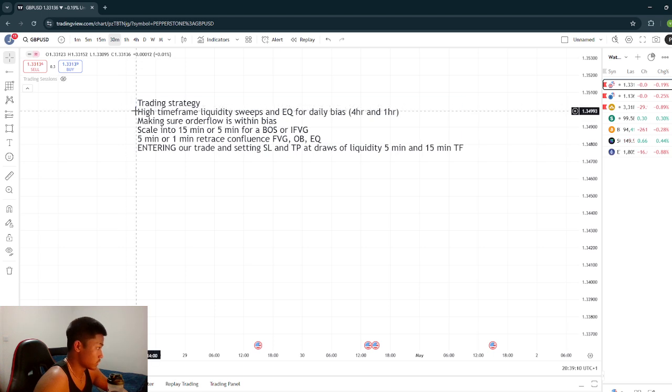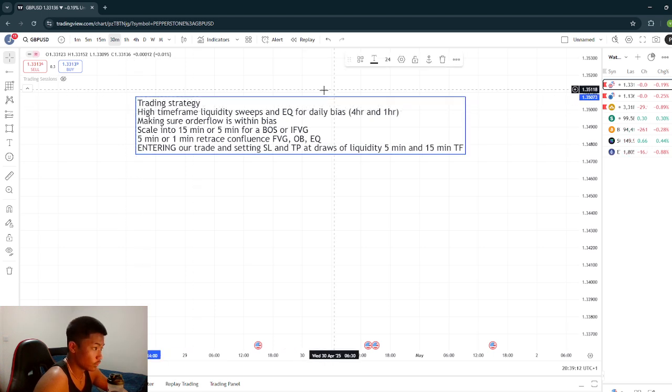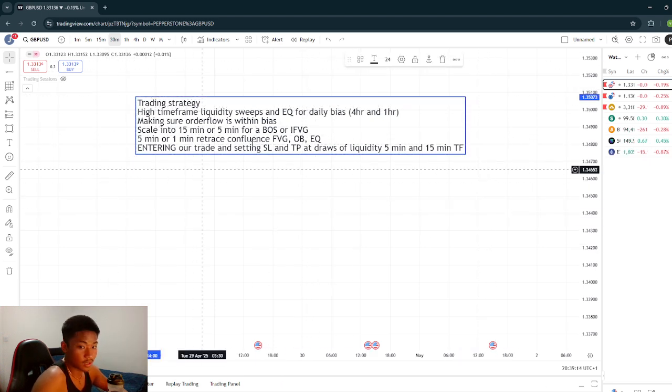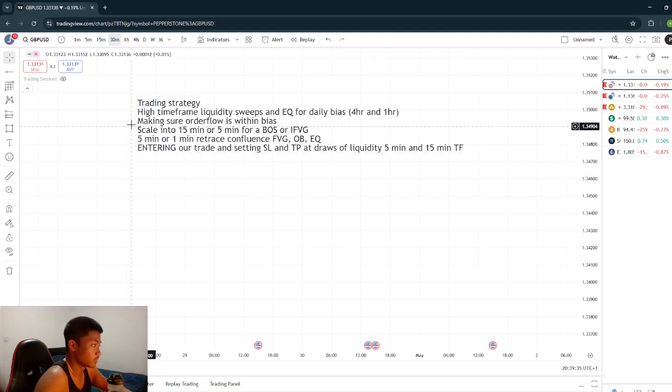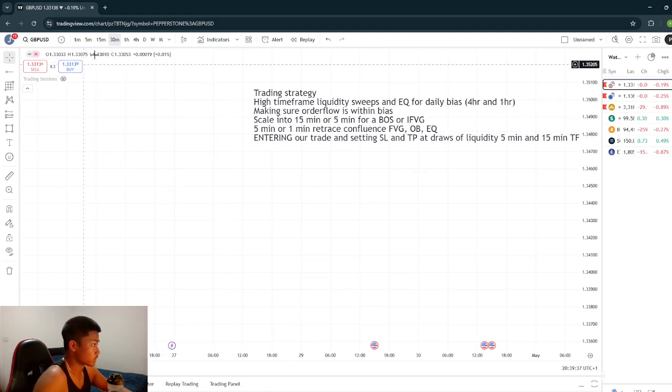So theoretically, if we follow this trading plan step by step, we should be profitable. Okay? With the right psychology and trusting this plan, step by step, should be profitable. And this is a strategy I've been using. It works very well.